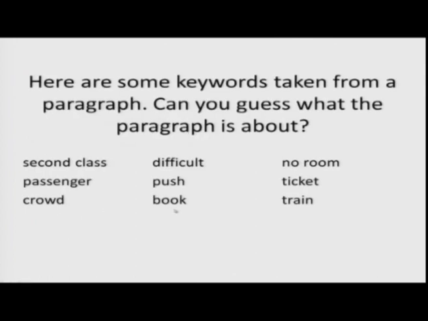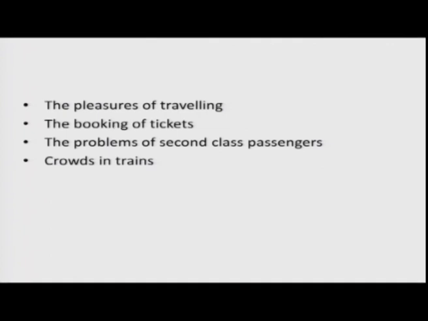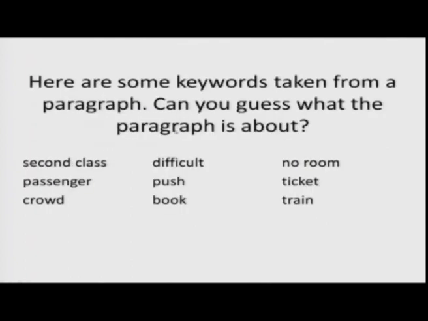So, book, it is here, ticket, yes, it is here. So, both these words, booking and tickets, are there. But then when you go back, you will see that there are other keywords also. So, it is a clue that this is not just about booking of tickets.